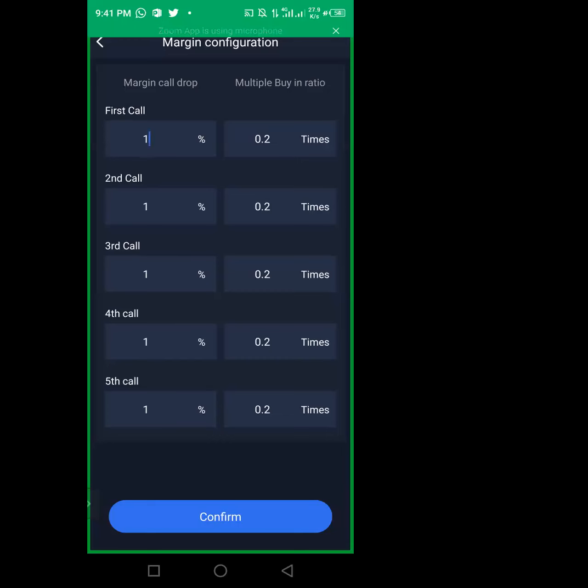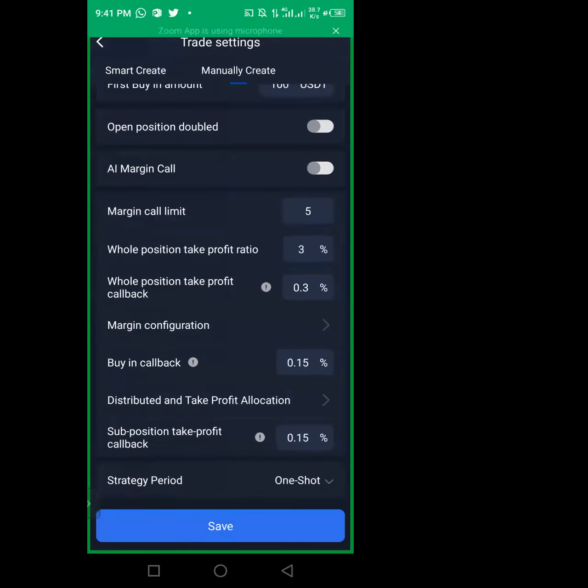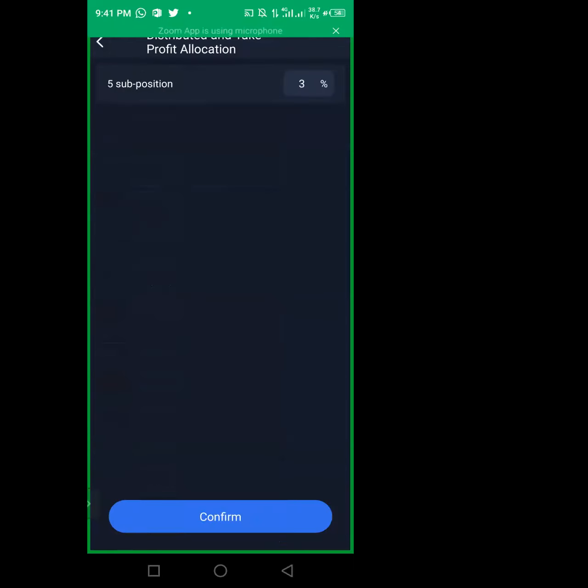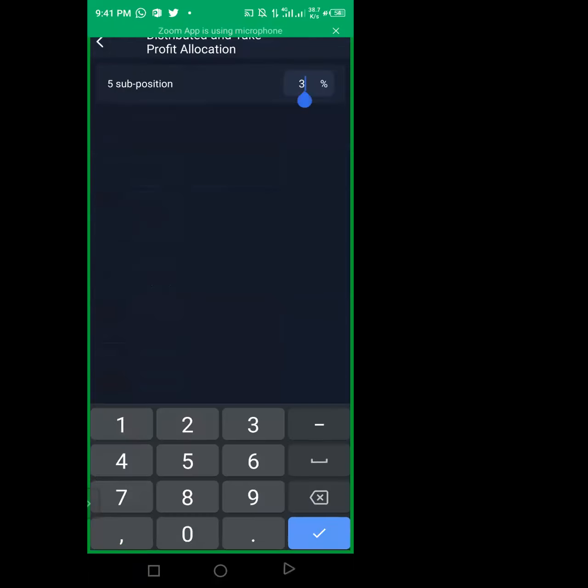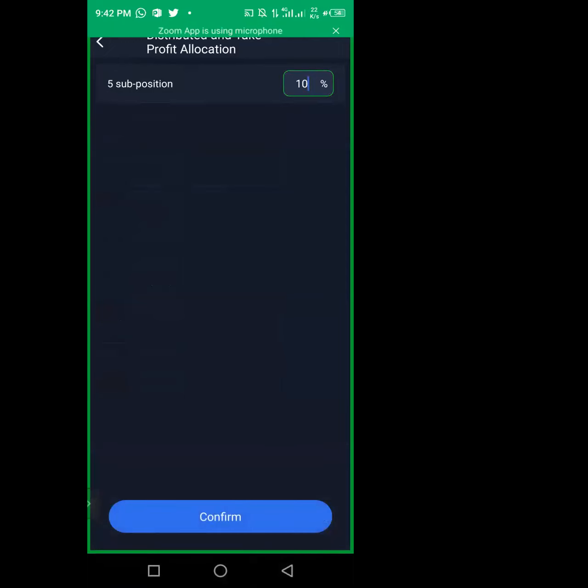So in anything you are setting your fifth sub position, the profit must not exceed 5%. You cannot put it 10%. Why? You cannot put this fifth sub position 10%.